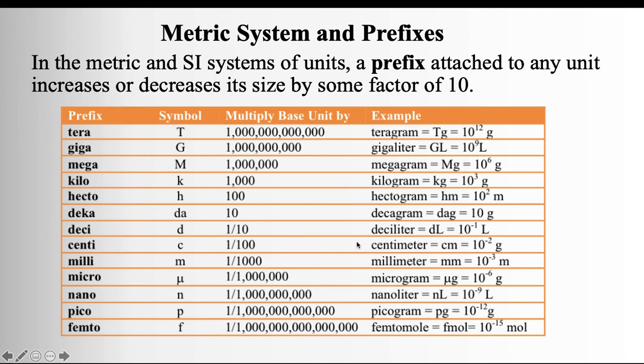If I have 2 feet, that makes it 24 inches, which means that the number 24 in front of my unit, inches, is larger than what I started out with in feet. That was 2. Therefore, going from a larger unit to a smaller unit, I multiply by the conversion factor. When I go from a smaller unit to a larger unit, I divide by the conversion factor, which makes the number in front of the unit smaller.